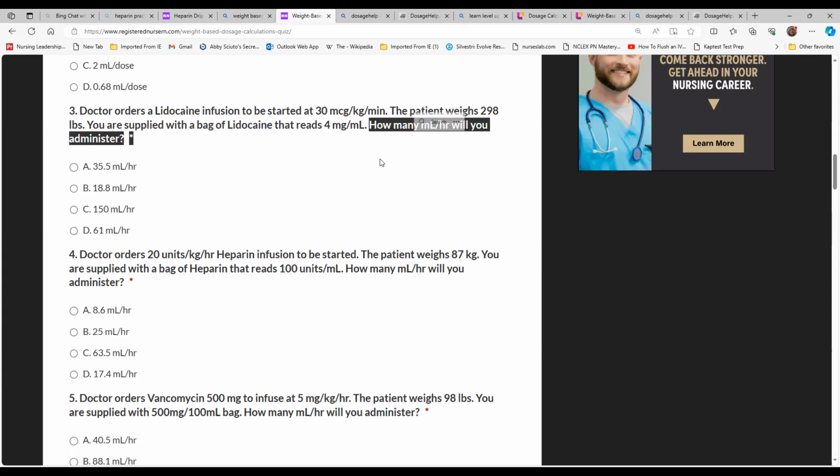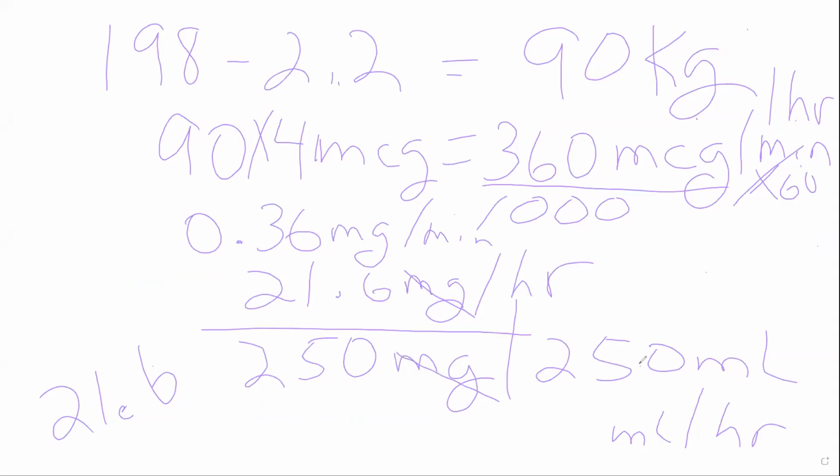Okay? So our weight is 298. Write that down. We need our desired ordered dose, which is 30 micrograms per kilogram per minute. And then what we have on hand, which is 4 milligrams per ml. Again, I always start with the weight, which was 298.